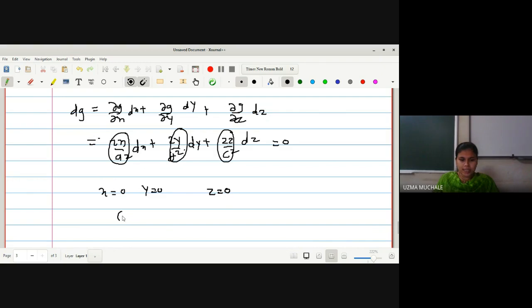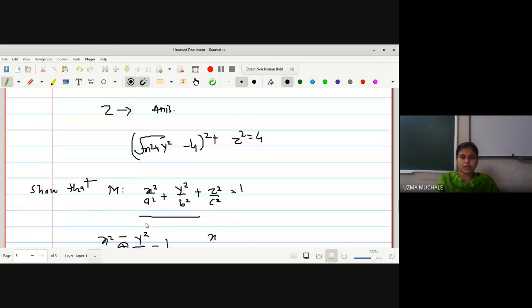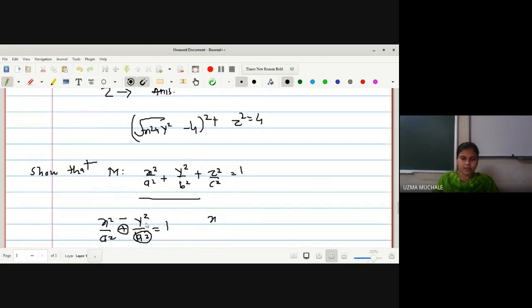Now let us check whether this 0, 0, 0, that is the origin, is on your surface. If you put 0, 0, 0 here, you get 0 equal to 1, which is a contradiction. So obviously this origin is not in your given geometric object.